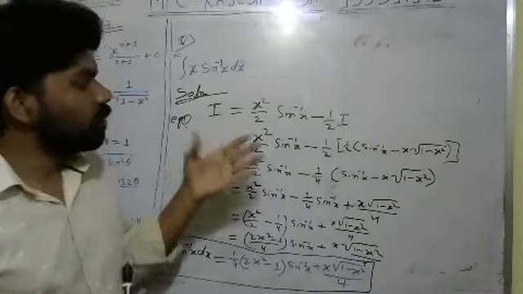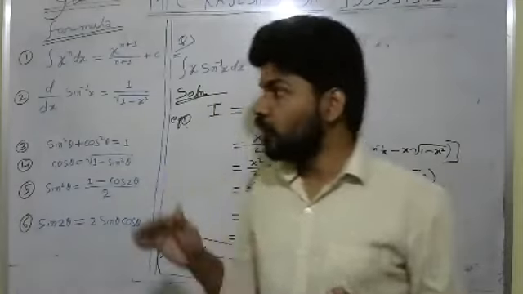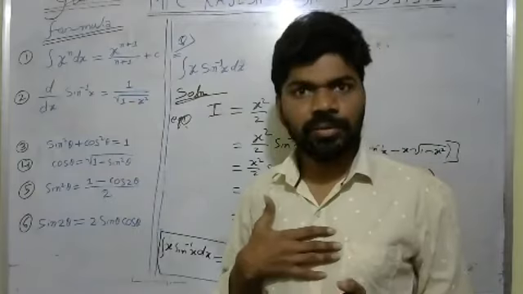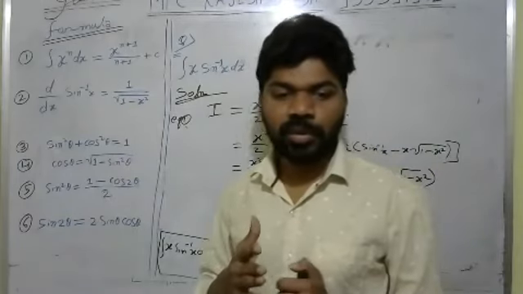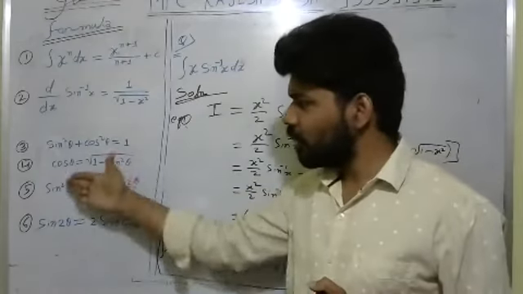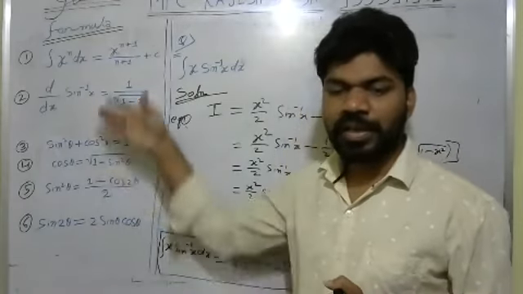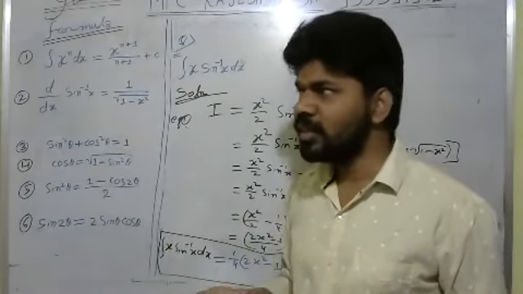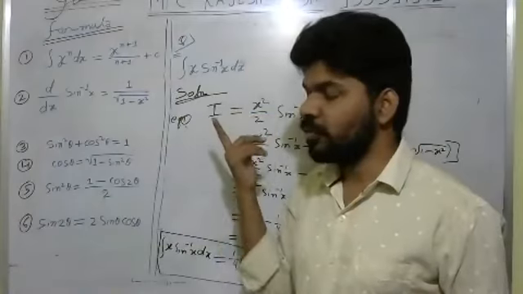Whatever formula is required, we are writing before only. Because I am the teacher, I know how many formulas are required for the solution of this question. So we can arrange in this format. If I arrange these formulas, it will become easy for the students. They will use the formula where they find it.